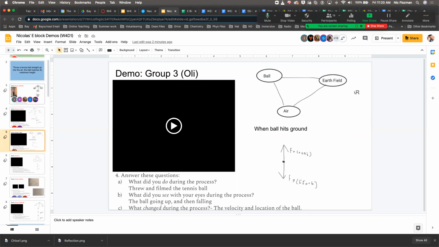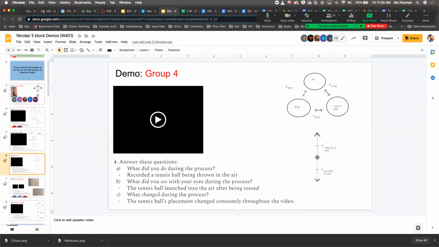There's the gravitational force in the Earth field and the normal force by what? I can't read my handwriting. Assuming it's normal force, I'm going to say ground, because the ball hits the ground at the end. Oh, I see. So you're looking at the ball hitting the ground at the end. Got it. Okay, cool, interesting.